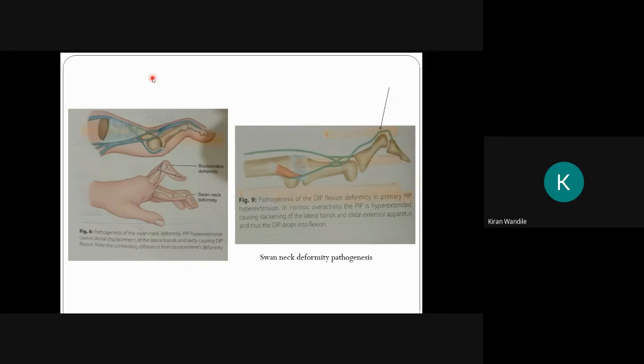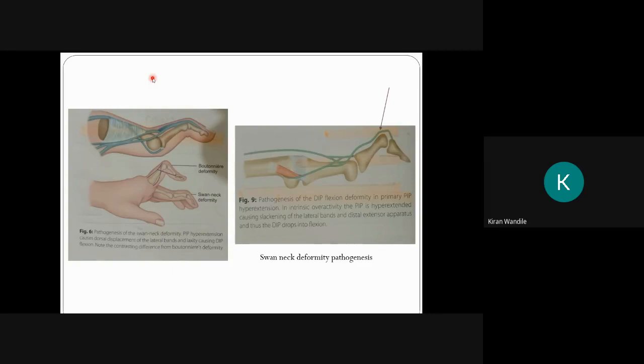And then what happens once the PIP joint goes into hyperextension? It causes the dorsal displacement of the lateral band. There are two lateral bands, on the ulnar side and the radial side. So there is a dorsal displacement of the lateral bands.